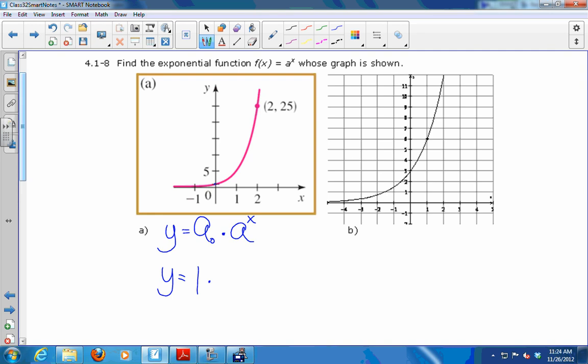If I made a little XY chart for these points, one point I have is 0, 1, and the other one I have is 2, 25. How do you get from 1 to 25? What do you multiply 1 by to make 25?